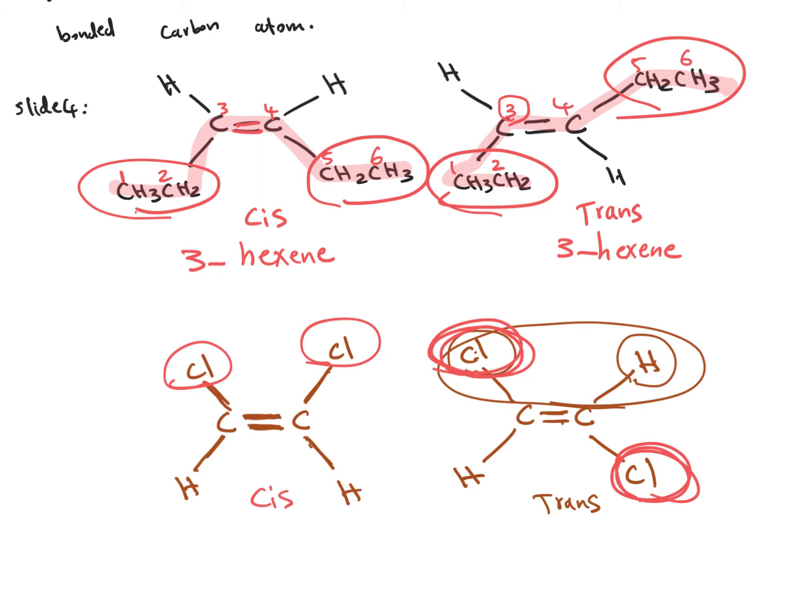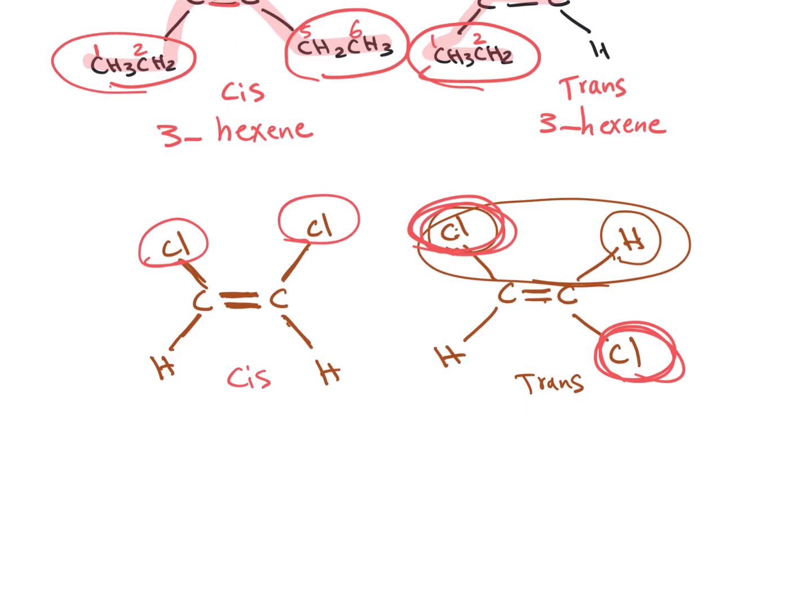Can you write the name of this compound? So the longest chain is just ethene basically, and then you have 1 and 2 dichloroethene, and this is the cis.